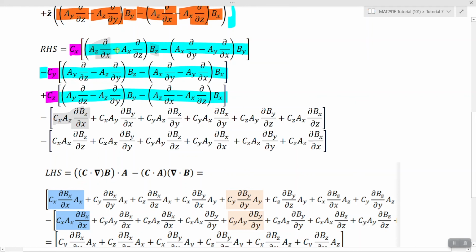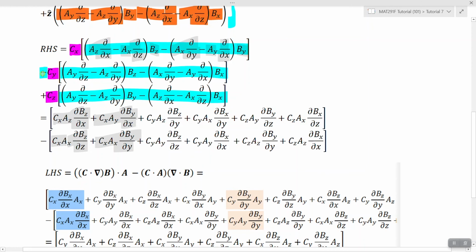Then this goes with a minus, so we have minus cx, ax, partial z, bz. And then we have minus again, cx, ax, partial y, by, right here. And then this minus and minus gives us plus, so cx, ay, partial x, by.